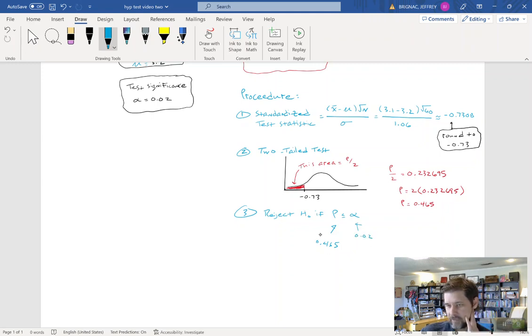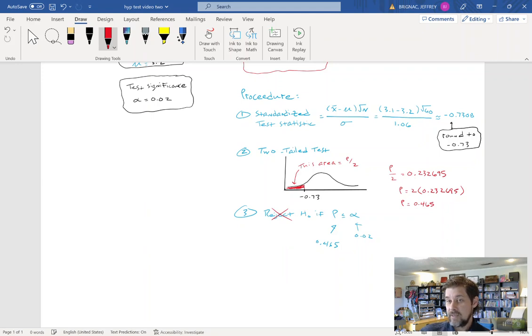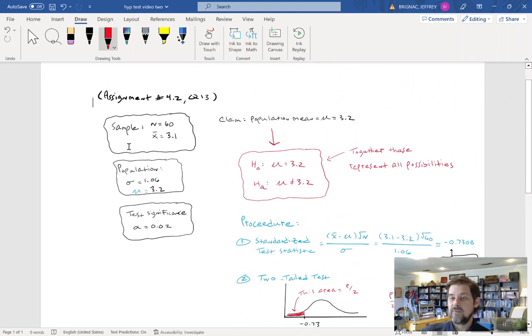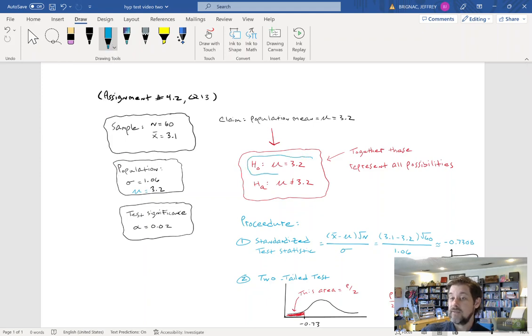This number, 0.4, is definitely not less than that one, 0.02. So I would reject the null hypothesis if that was the case, and it's not. So I'm not going to reject the null hypothesis. The null hypothesis is the one that I take to be true, and I did not reject it, so that is what I think is the truth.